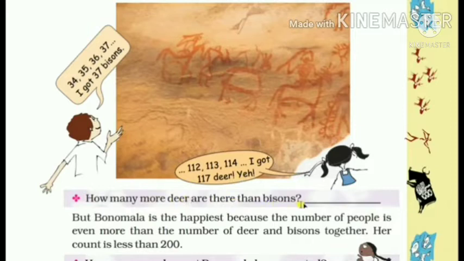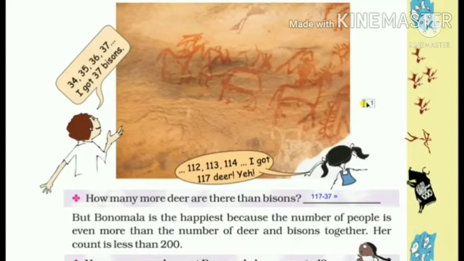Yeah. How many more deers are there than bisons? How can you find out the answer to this question? Yes. So the boy got 37 bisons and the girl's answer is 117 deers. So how many more? So that time we have to use the calculation subtraction.